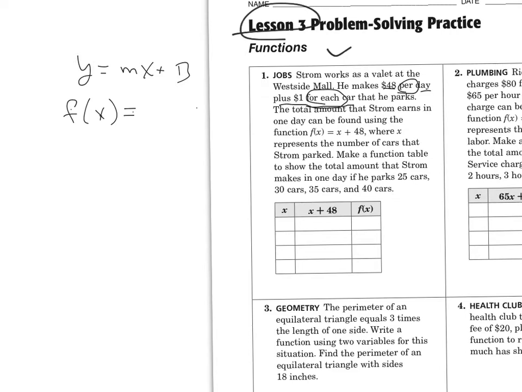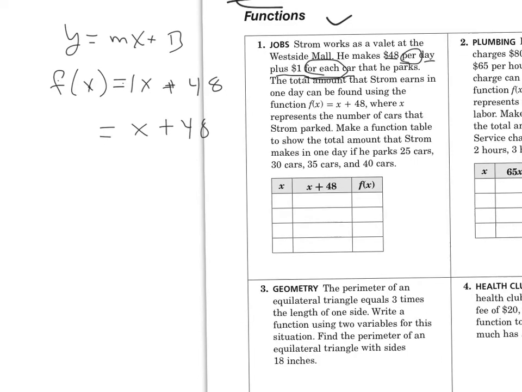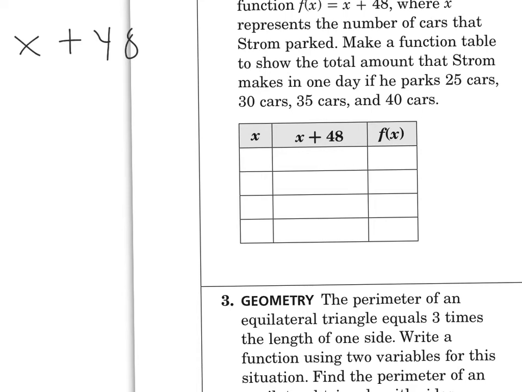Well, what he's making each day is the fixed $48, plus $1 per car. So that's why the equation is x plus 48. And then what they want you to do is plug in the 25, the 30, 35, and 40 cars.